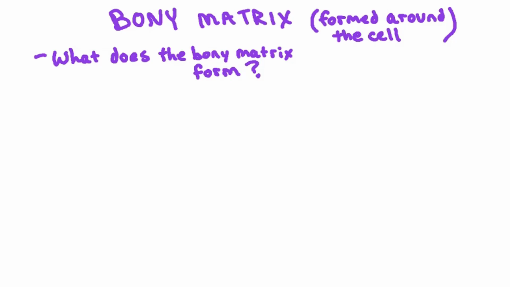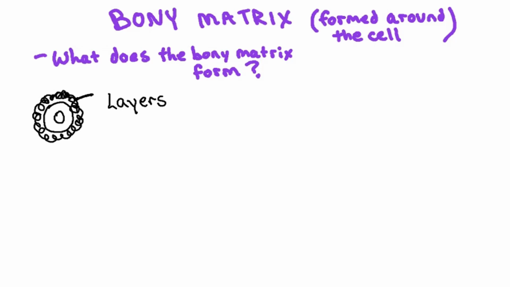Well, in the previous drawing, I kind of tricked you because I drew it in a circular fashion around the lacuna, the room, which is around the cell. But really, this bony matrix doesn't make this little squiggly line circle. Really what this bony matrix turns into is layers. There are just layers upon layers of this bony matrix.